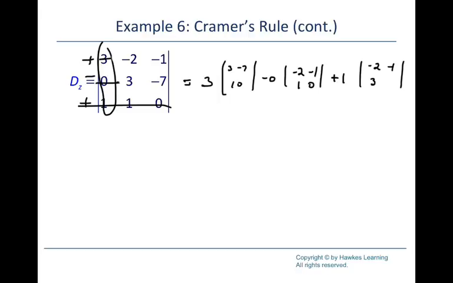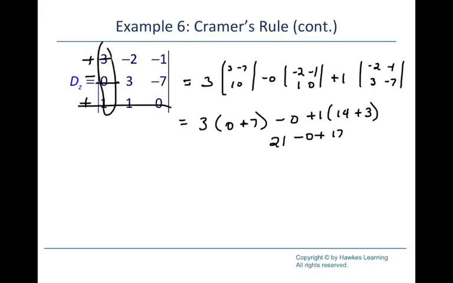3 and negative 7. Okay, so this then is 3 times 0 plus 7, minus 0 times anything is 0, plus 1 times 14 plus 3. 14 minus a negative 3 will be 17. And then we'll have 3 times 7 is 21.